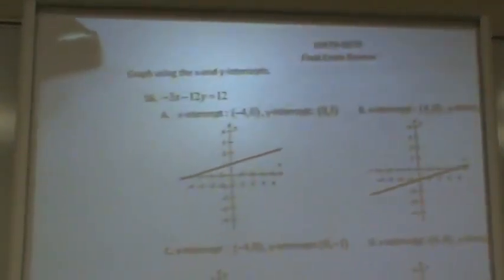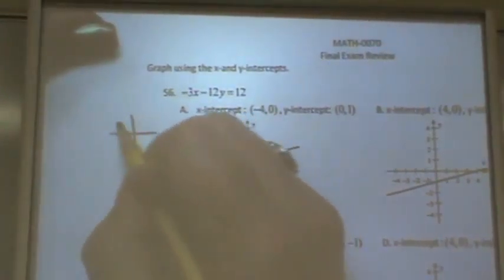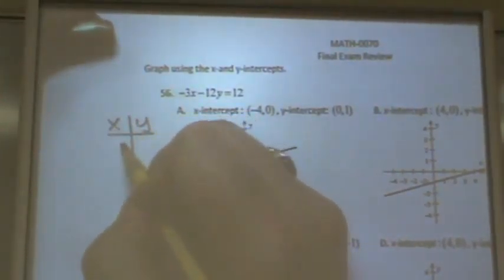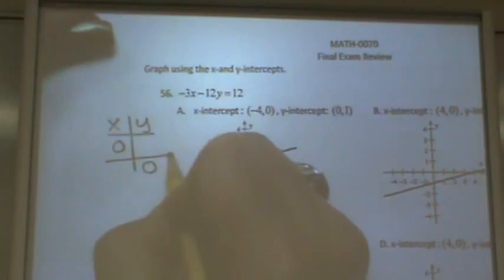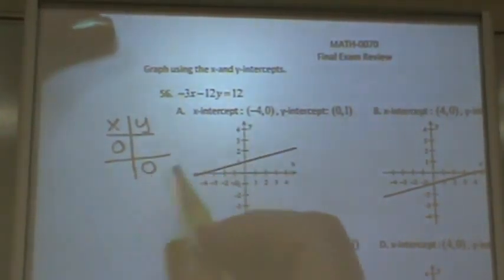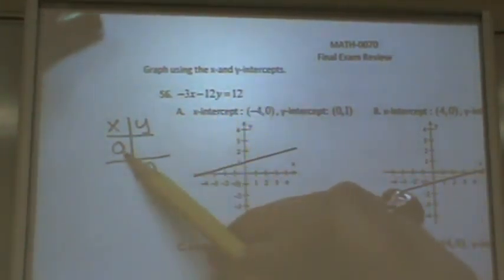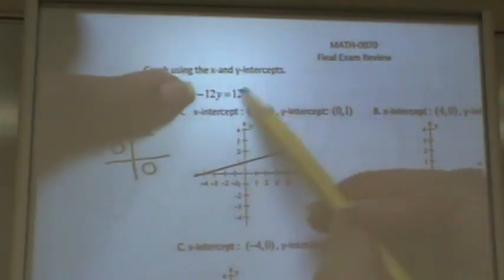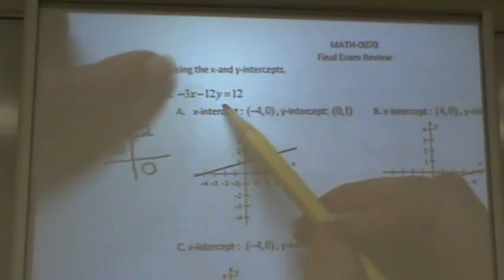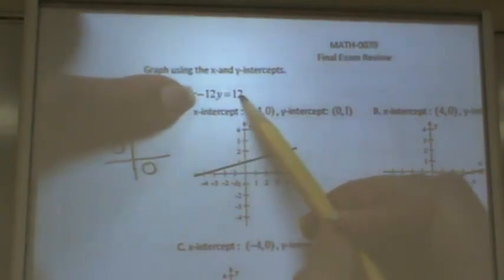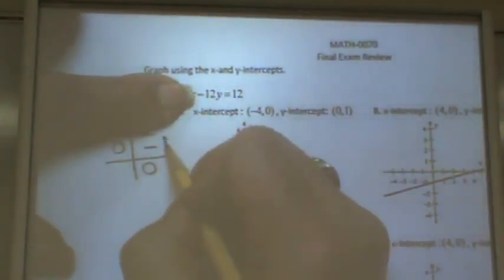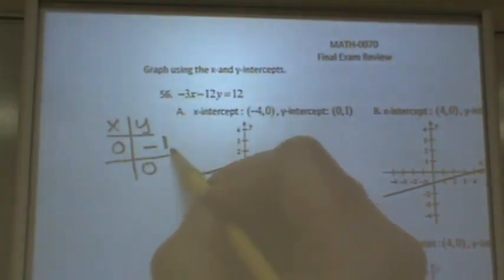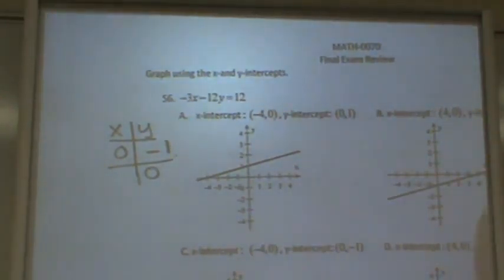56, I showed the class how to graph using slope-intercepts. Make like a little chart, like tic-tac-toe. And if you plug 0, the intercepts are when x is 0. If I were to plug a 0 in here, you can do this just by covering your x. Negative 12 times what is 12? That would be negative 1. So that's your y-intercept, 0, negative 1.